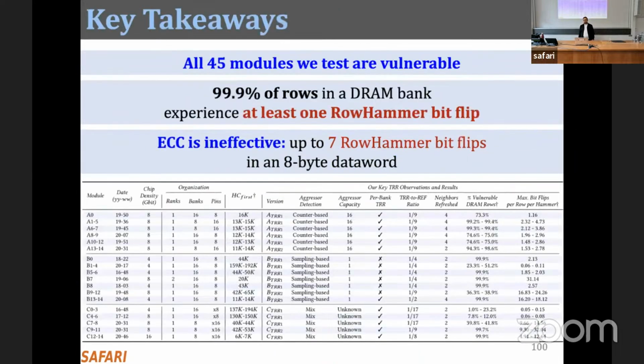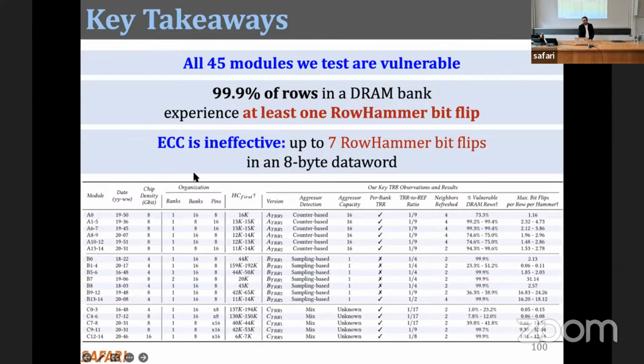And it crafted targeted access patterns to those modules. They tested 45 different modules using this methodology, and they show that 99.9% of the rows in a DRAM bank experience at least one RowHammer bit flip. So at this point you can reliably work around the deployed mechanism, which is essentially ineffective.